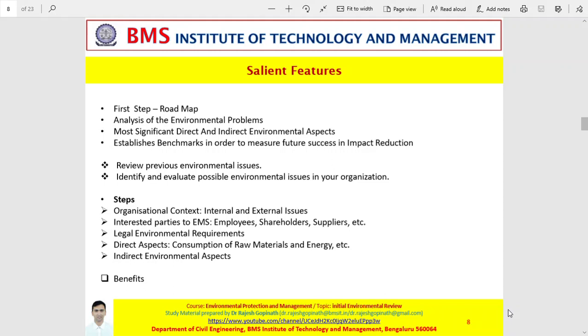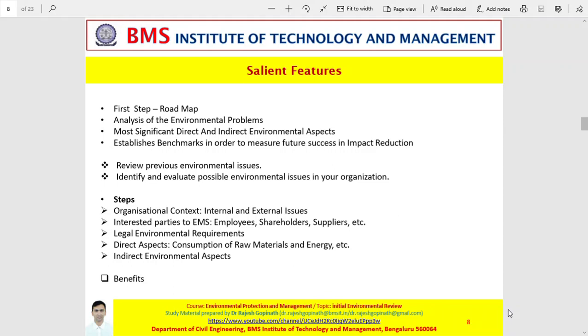Basically, there are 5 main parts to the environmental review. I have listed those 5 main steps: the organizational context, the interested parties to EMS, the legal environmental requirements, the direct aspects and the indirect environmental aspects.